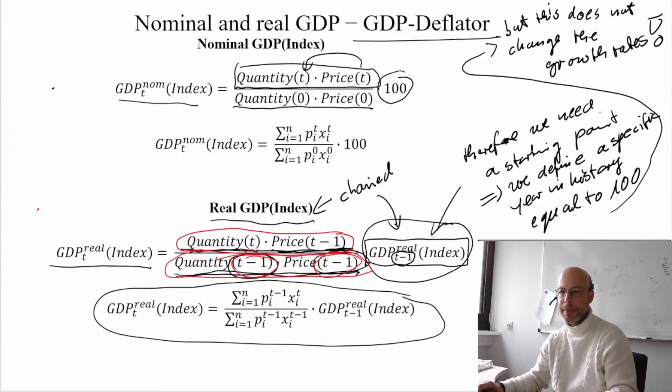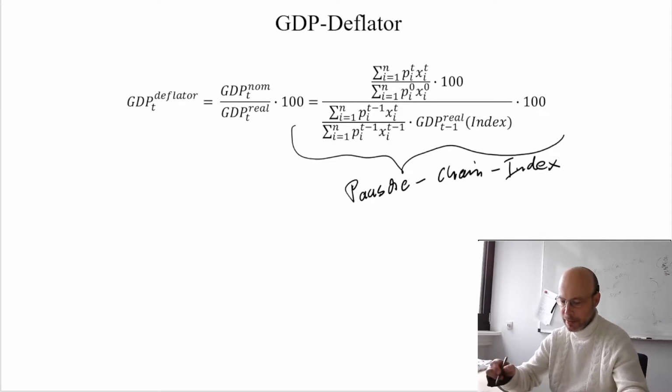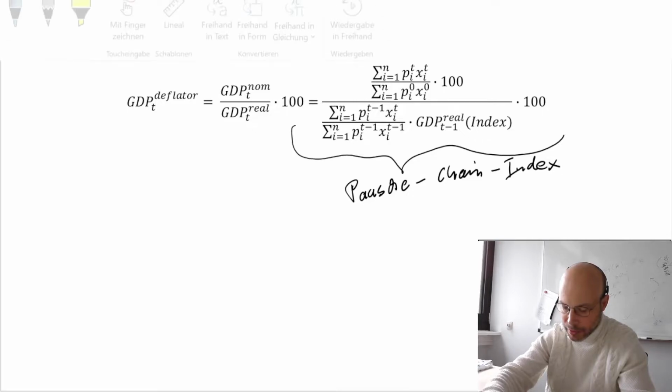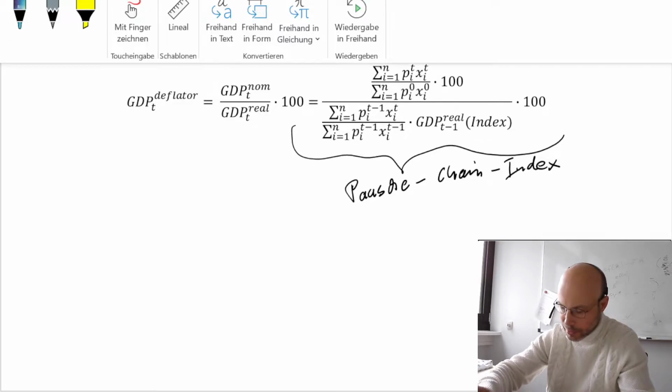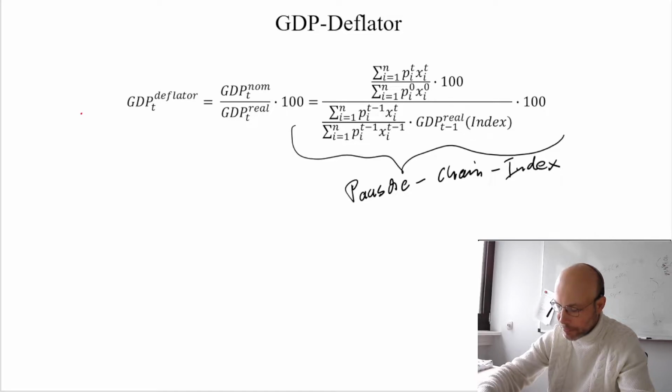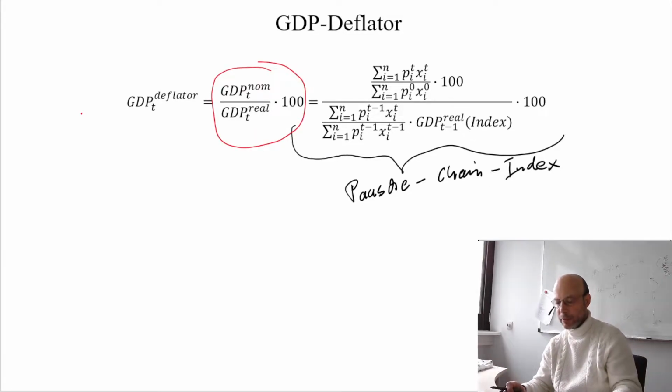Then we go to the definition of the GDP deflator, which is just defined as nominal GDP over the real GDP index times 100.